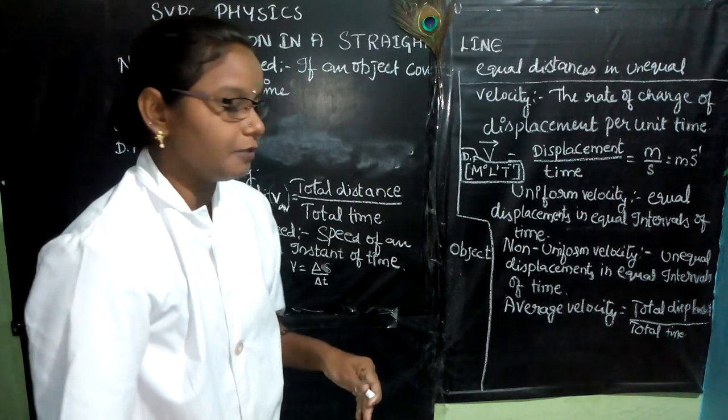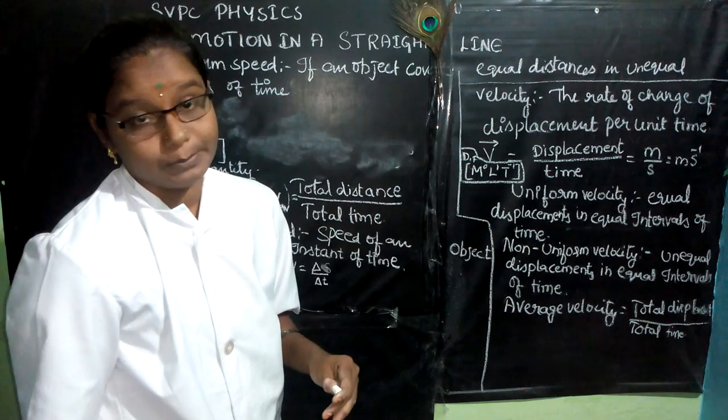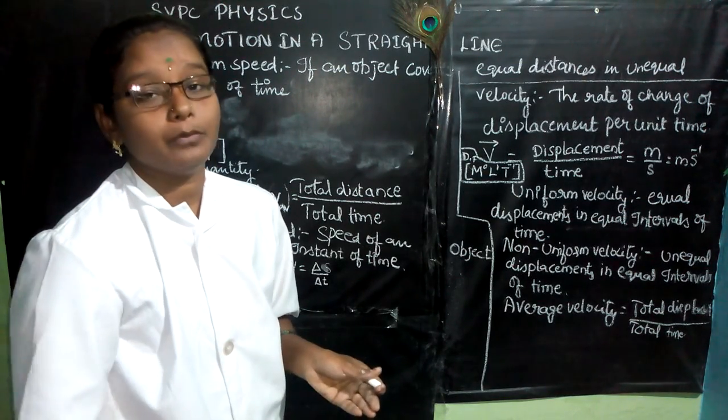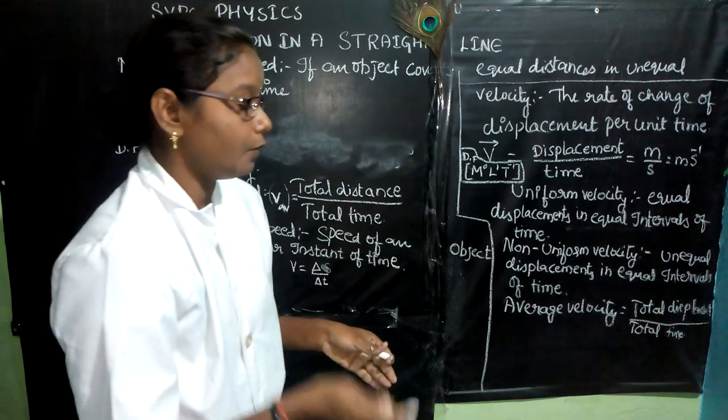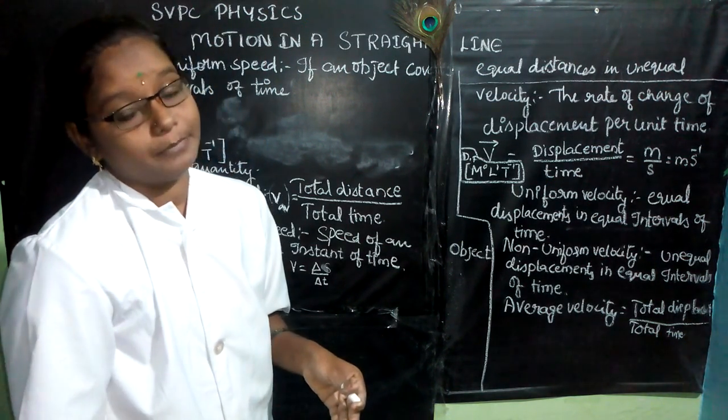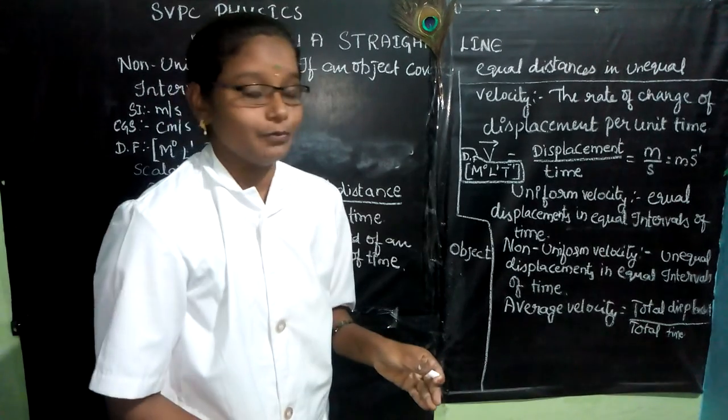If an object covers different displacements, I have to add them. If I want to get the average velocity, I need to add all those displacements and divide by the total time taken. Then that is the average velocity.